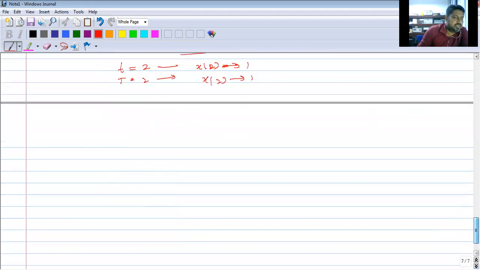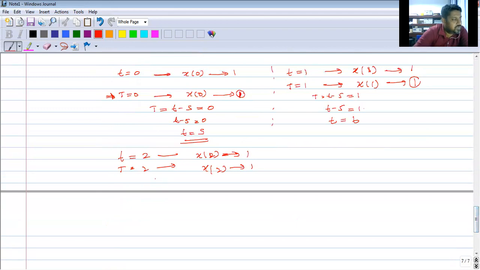But if I want to draw this capital T with respect to t, I want to find the corresponding value of this capital T corresponding to t minus 5. So here 2 is equal to t minus 5. So here t is 2 plus 5, that is 7.